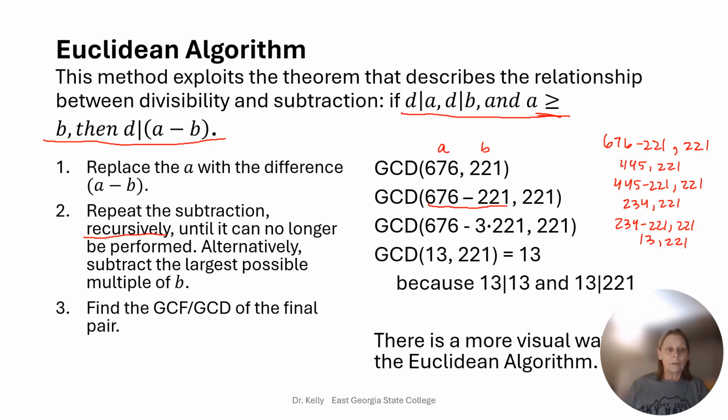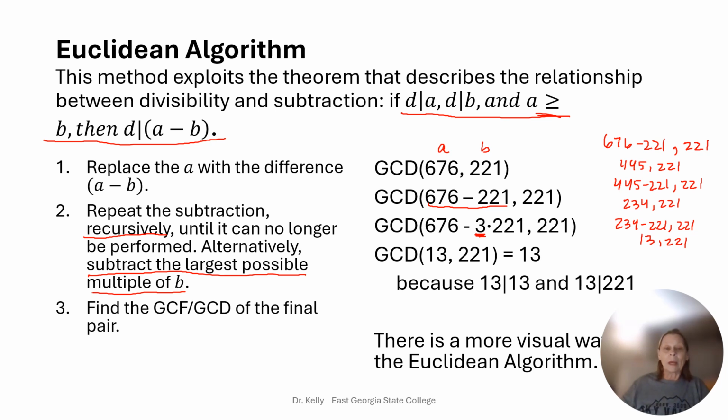But alternatively, you could subtract the largest possible multiple of B. Now we were able to subtract 221 3 times, so this is why my next step I just said 676 minus 3 times the 221.